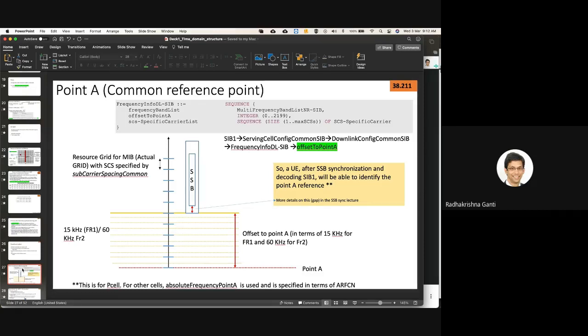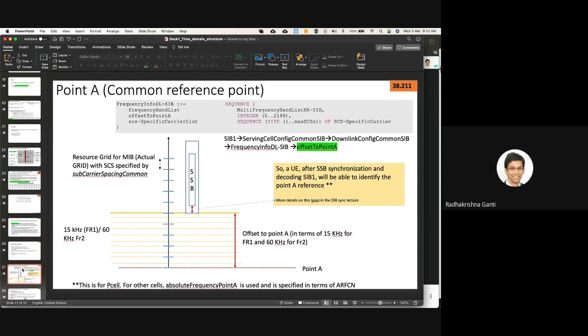The base station transmits this at a certain frequency location, and the UVs will search across all the frequency locations and lock onto this SSB. We'll go into great depth about SSB later, but I just want to give a highlight overview.